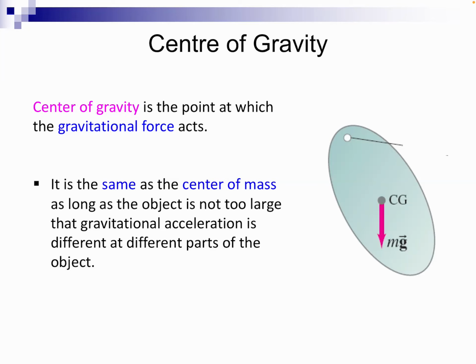It's probably a more intuitive description because it's where the gravitational pull is acting on the object. If you balance the object at the center of gravity, the gravitational pull downwards balances out the normal force upwards. So center of gravity is just another term for center of mass. With extended objects, that's how you find the center of mass.